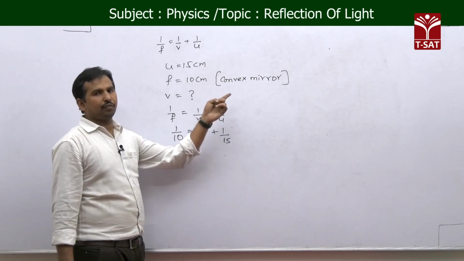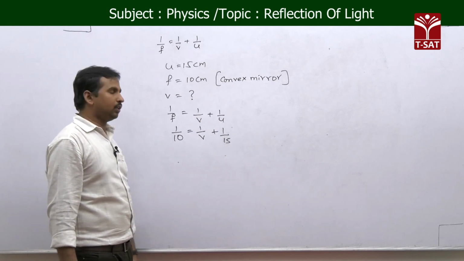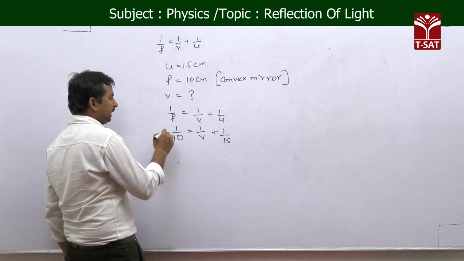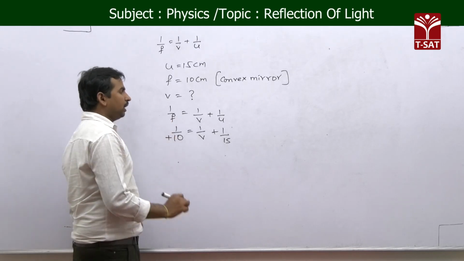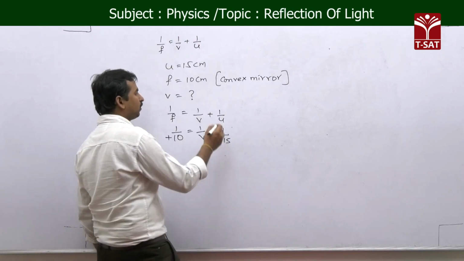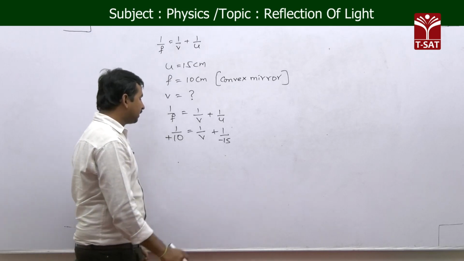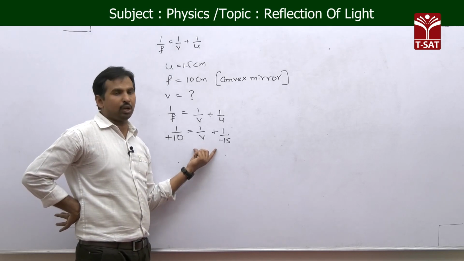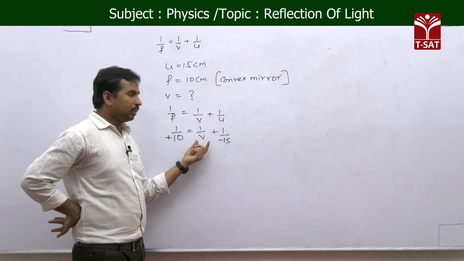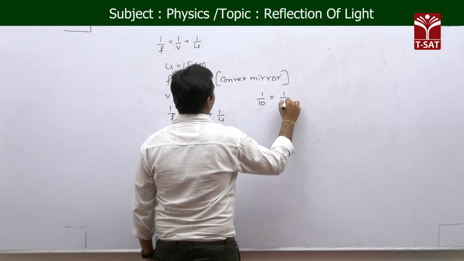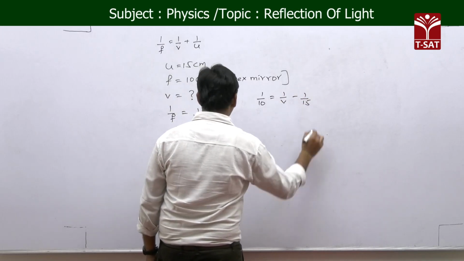As it is a convex mirror, the sign convention for focal length is positive, and the object distance for a convex mirror is negative. For the image distance we need not apply any sign convention because we don't know its value. Then 1 by 10 is equal to 1 by v minus 1 by 15.